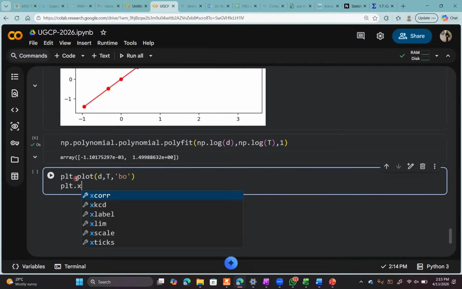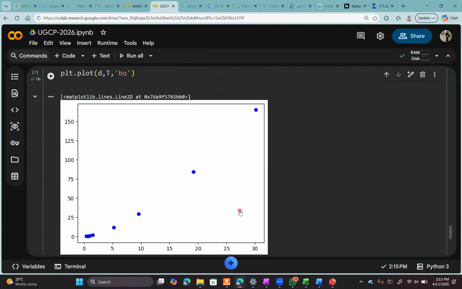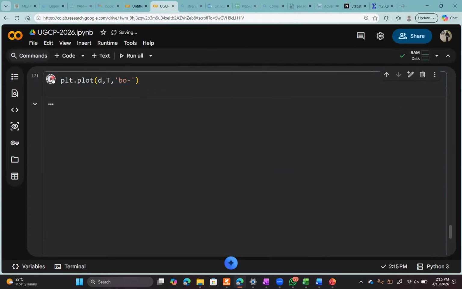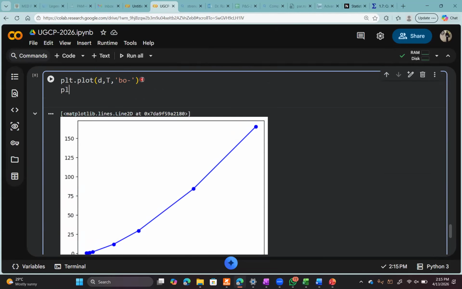Let's see that one more time. Okay, so there is going to be a slight curve.